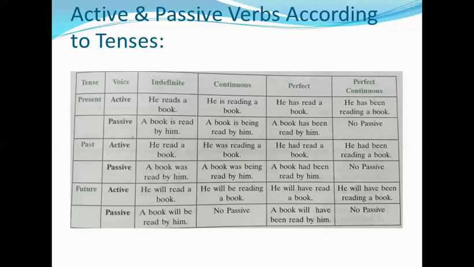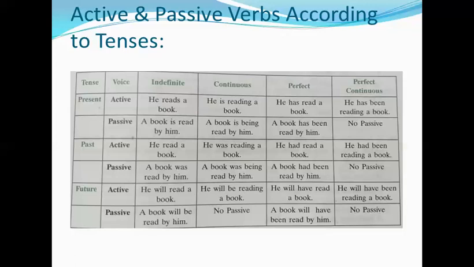In present perfect continuous, if a sentence is, he has been reading a book, it will remain as it is, no passive voice will be made over here. In simple past, if a sentence is, he read a book, it will change into, a book was read by him.